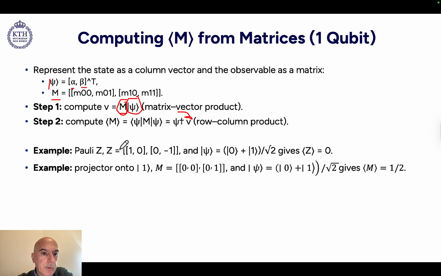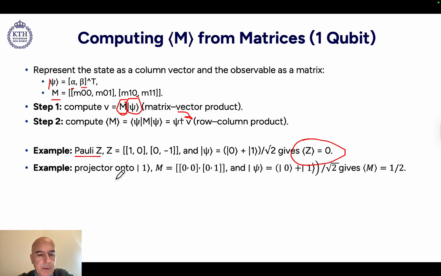In the example for a Pauli Z observable, where we have possible outcomes of +1 and -1, we calculate the expected value from a quantum state where the probability to measure 0 and 1 is the same. Then this will give an expected value of 0. Remember, this is Pauli Z, the two eigenvalues are +1 and -1.